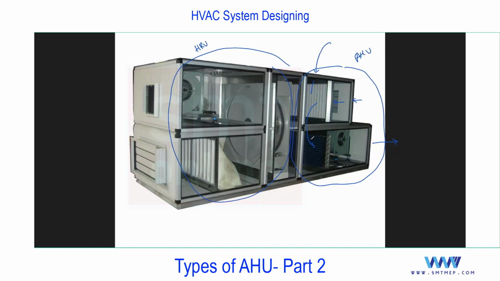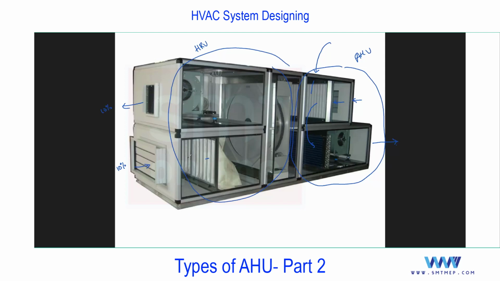Again, consider say 10% I'm going to exhaust, and 10% exhaust means 10% I'm going to take as fresh air. So you see here the filtration, this is for fresh air. I'm just considering 10% as a thumb rule, and that must be exhausted.